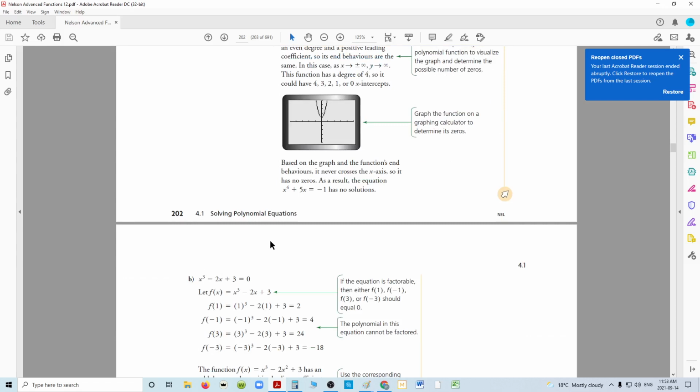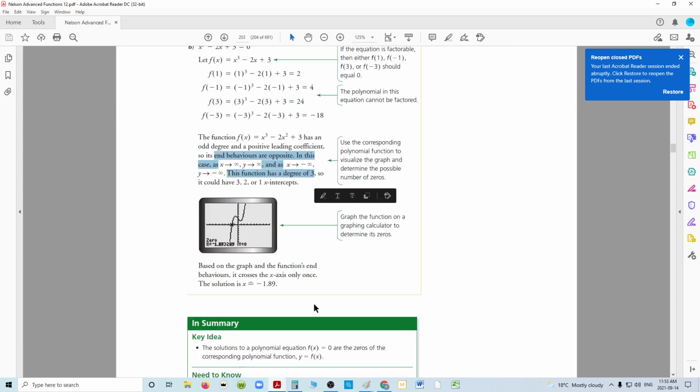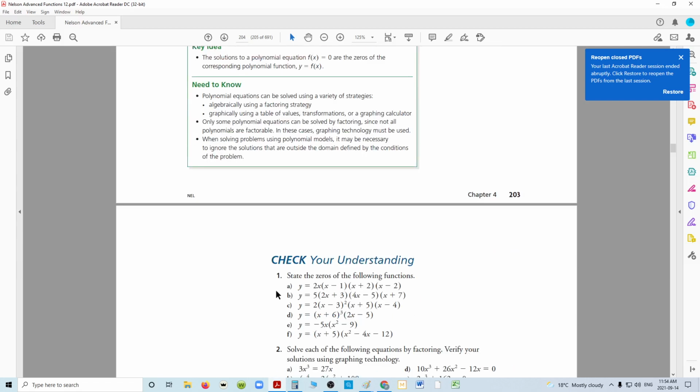The second one crosses the x-axis because it's a cubic. And because it doesn't have an easy intercept, they essentially just graph it. I'm not sure what their point was there.